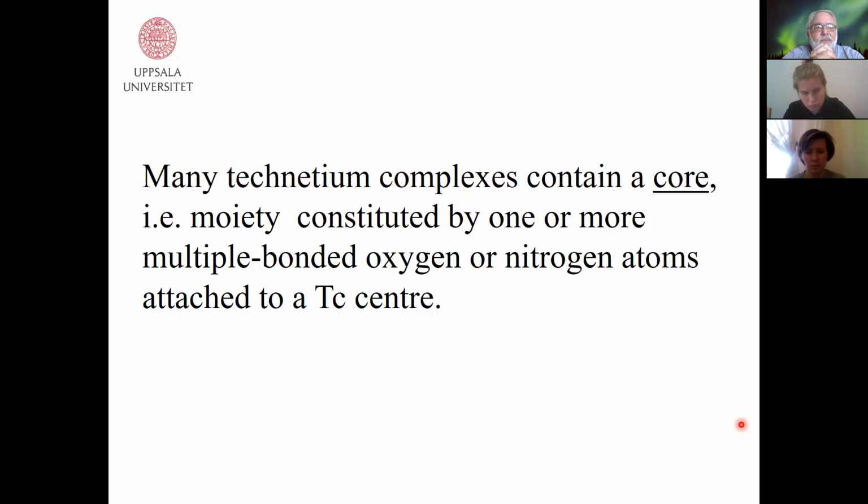A notion of a core of technetium has been introduced. Reduction of technetium often results in formation of technetium which is bound either to 1 or to 2 oxygen atoms from actually the mother pertechnetate, or in some cases oxygen can be substituted by a nitrogen atom.